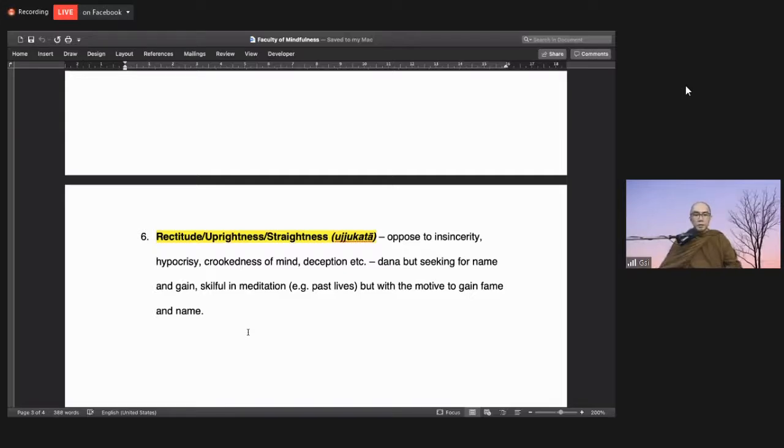So all these things have ulterior worldly motives. It's not really straight.